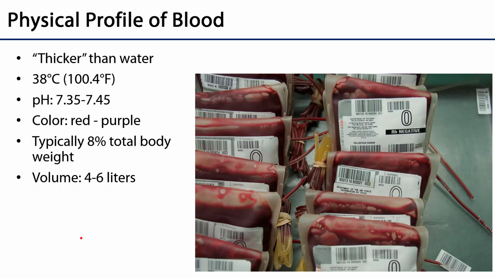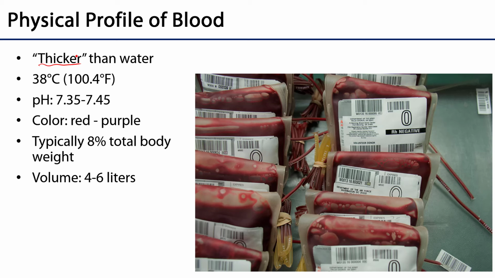Now, when we look at the physical profile of blood, there are some physicochemical properties that are important to understand. For instance, blood is more viscous than water. It is thicker than water, and that's pretty obvious because water is the main constituent of blood, and by adding various solutes to it, proteins, formed elements, etc., that contributes to an increase in this viscosity.